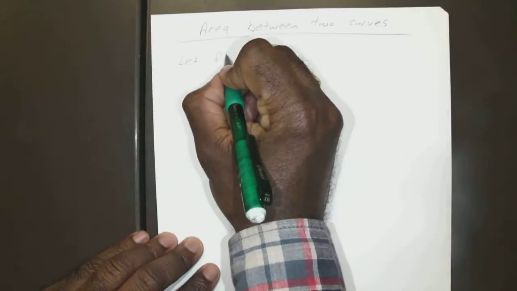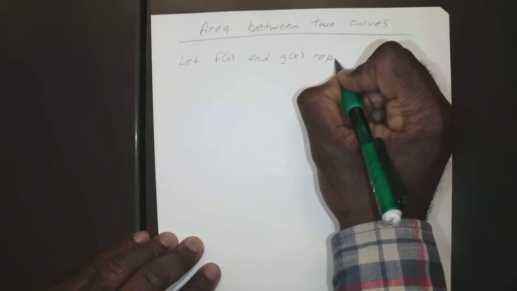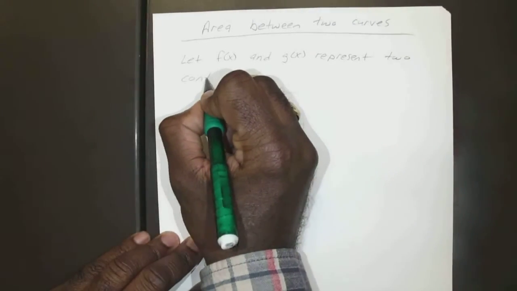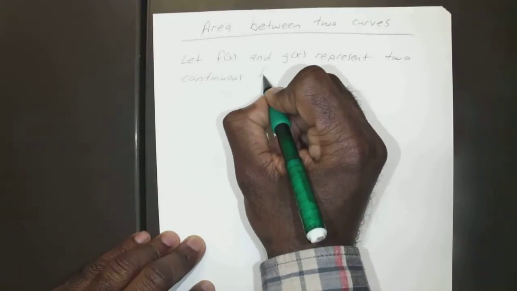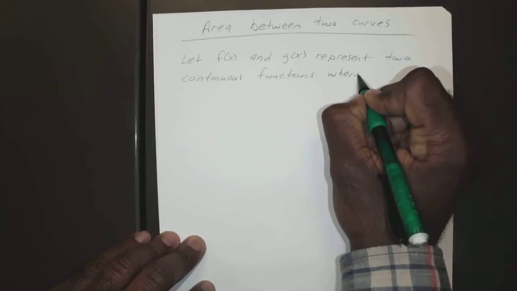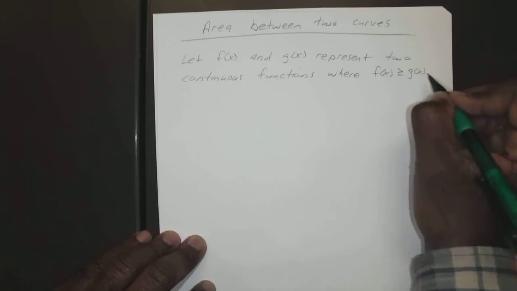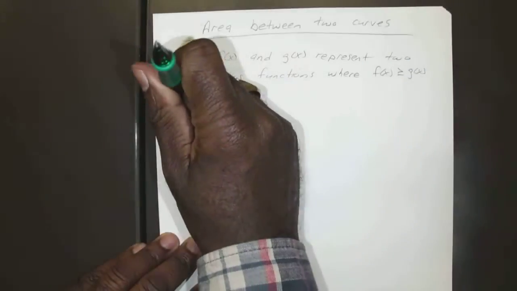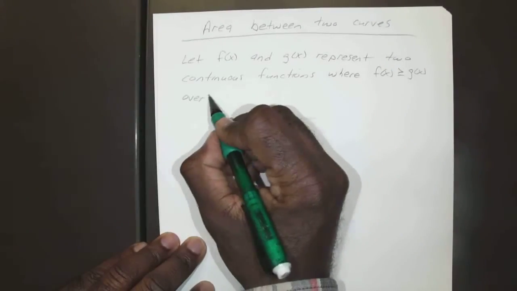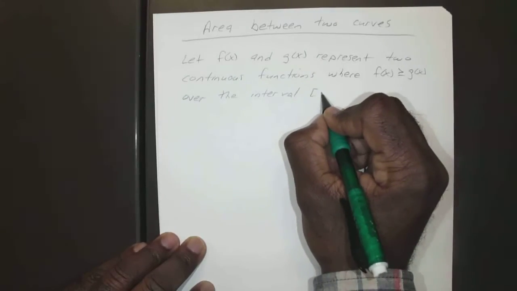So what if we let f of x and g of x represent two continuous functions, where we know that f of x is greater than or equal to g of x for that entire interval, over the interval from a to b.